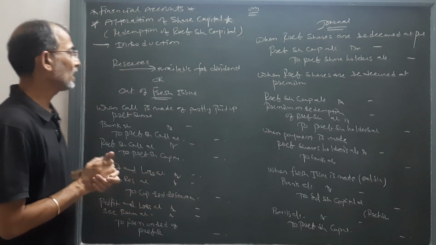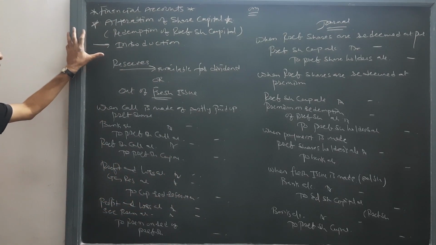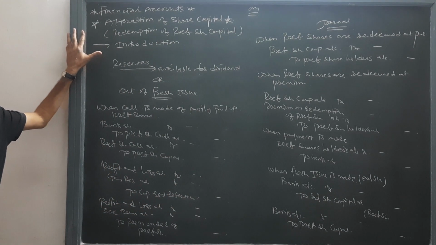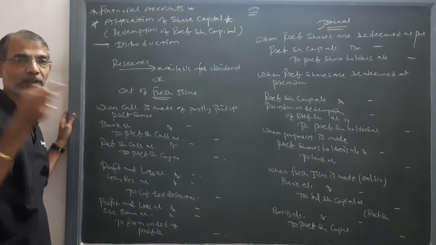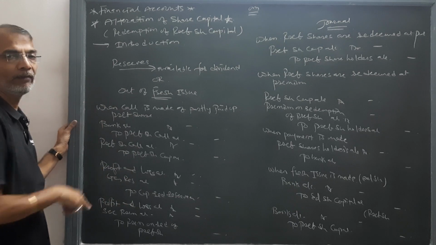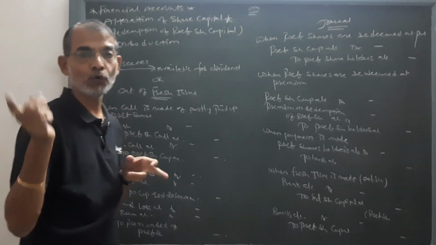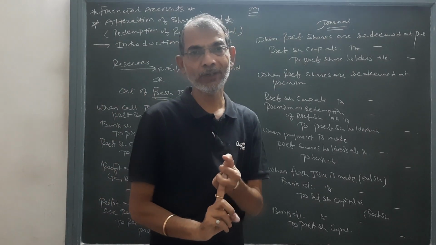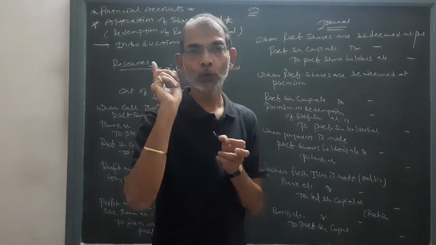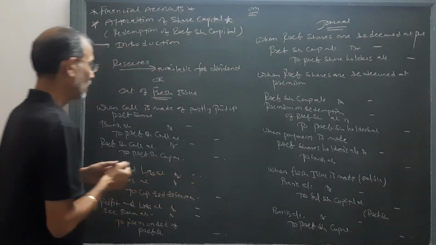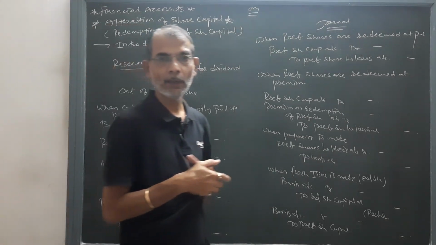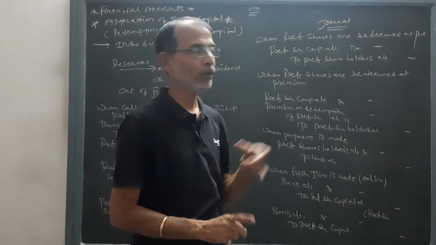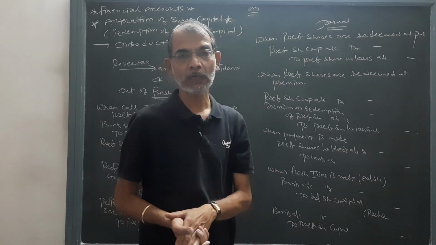Now let us repeat again. When preference share capital is redeemed, it must be redeemed out of the reserves which are available for dividend or out of the issue of new equity share capital or issue of new preference shares. The entry for that: when preference shares are redeemed at par, preference share capital account debit to preference shareholders account.